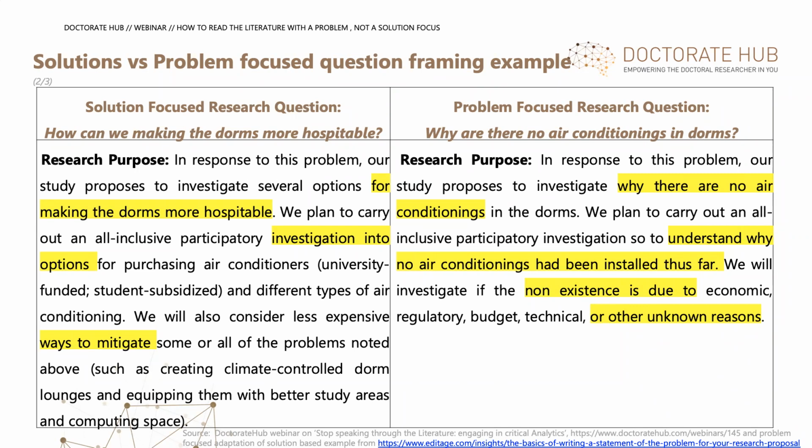We plan to carry out an all-inclusive participatory investigation, so to understand why no air conditionings had been installed thus far. We will investigate if the non-existence is due to economic, regulatory, budget, technical, or other unknown issues. So you keep it very structured, but also open-minded in the outcome expectations.